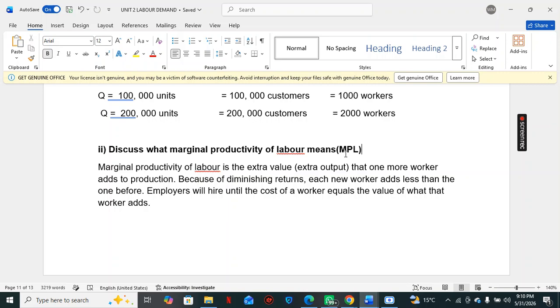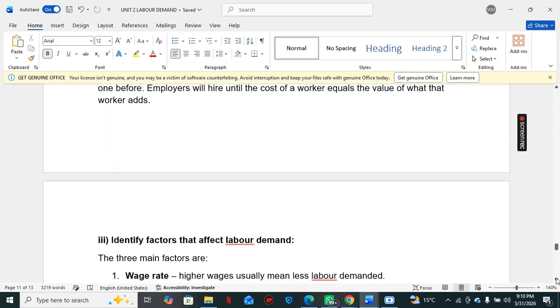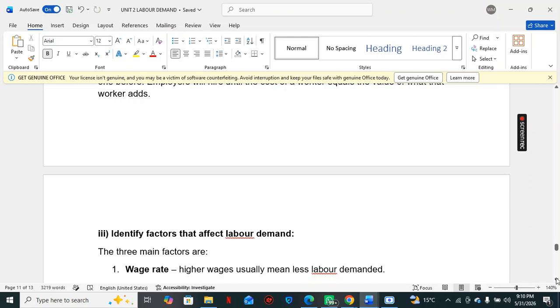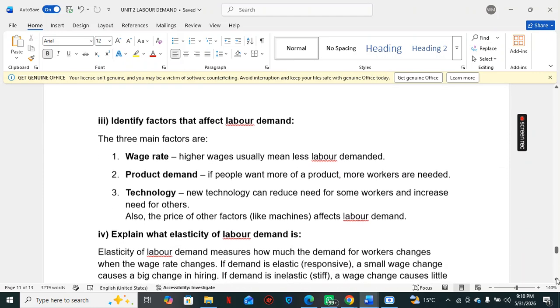Why? Because there are too many workers and little capital and land, there will be confusion. That's what the marginal product of labor is.